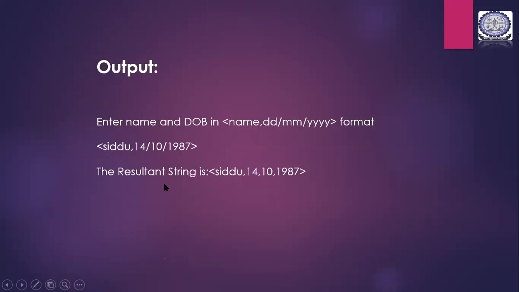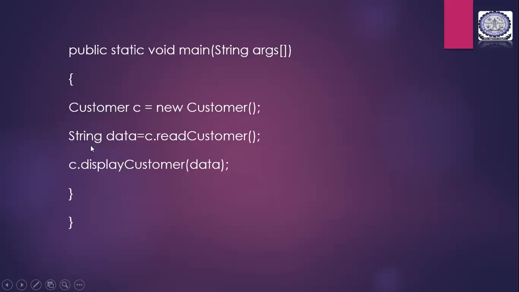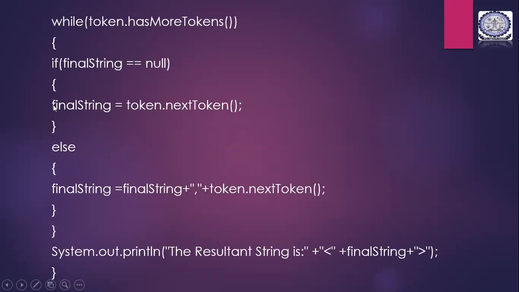So the same will be done through this statement. First you're going to have "enter name and date of birth" in this format. So the user is going to put in the characters. All these characters have to be typed by the user. Once the user types these characters, they will be initialized to the data.